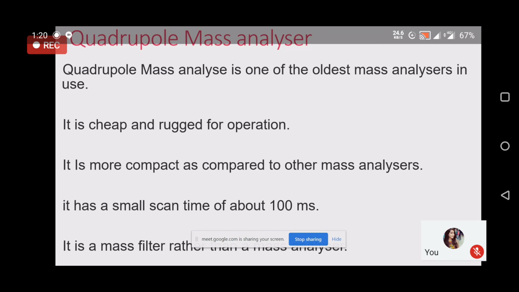All other m/z values will be completely displaced and will not reach the detector. So the question is, how is it possible to make other m/z values reach the detector and register the current, so that you will get the mass spectrum? That is my question. Can anybody answer?